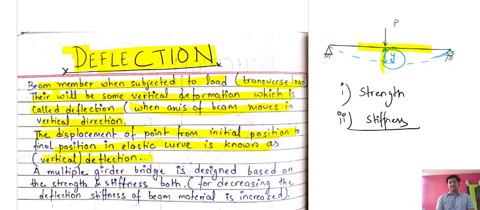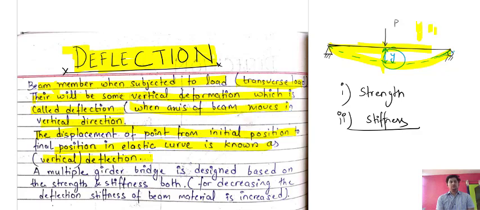So when I say this, it is the case of deflection. Suppose we have this beam, and we have a limit that it can deflect only up to y, this mark.